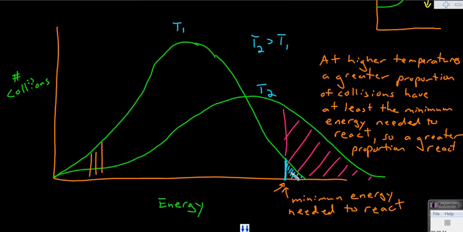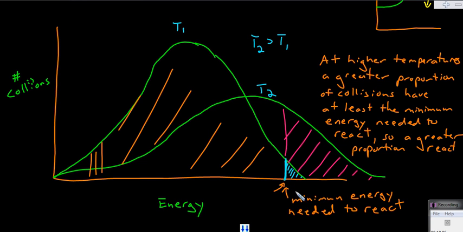So there will be some small proportion of your particles which collided reacting. The proportion of your particles colliding here is quite small. Only some small area of this curve has at least the minimum energy needed to react, whereas most particles had less potential energy than needed to react.